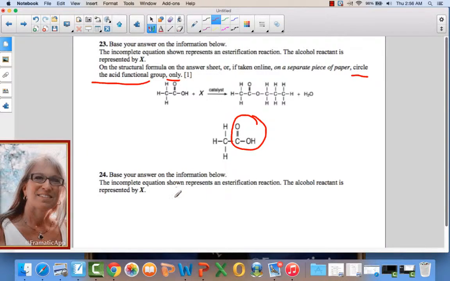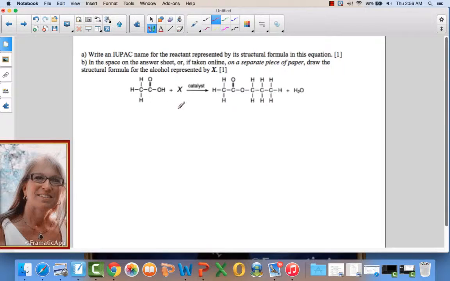The incomplete equation shown represents an esterification reaction. The alcohol reactant is represented by X. So this is the alcohol reactant. Write the IUPAC name for the reactant represented by its structural formula in this equation.